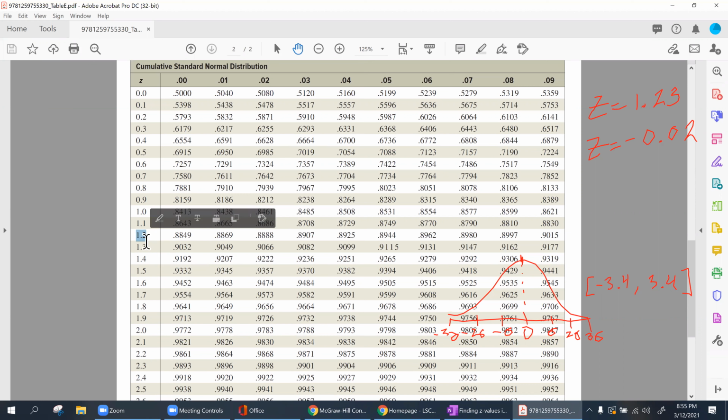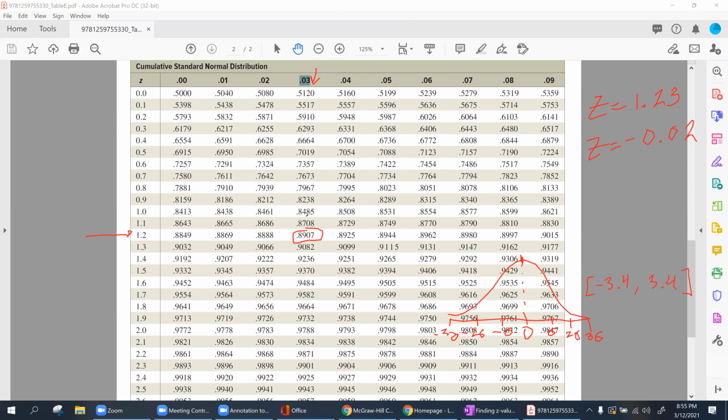This row gives me the first 2 digits. The 0.03 that's missing, you're going to find up here on the top column. So to find the value for z equals 1.23, you find the intersection: 1.2 is here and 0.03 is there, so the value I'm looking for is here.